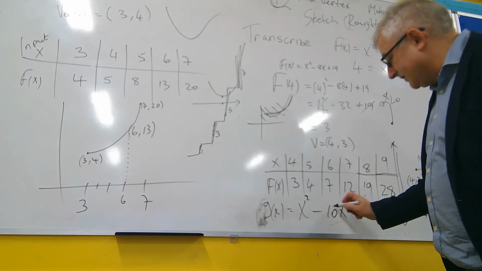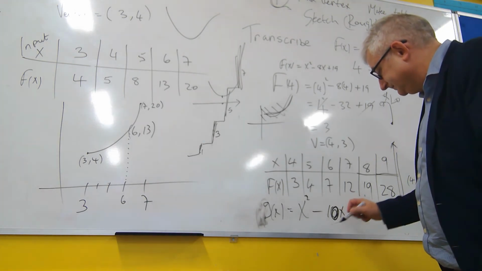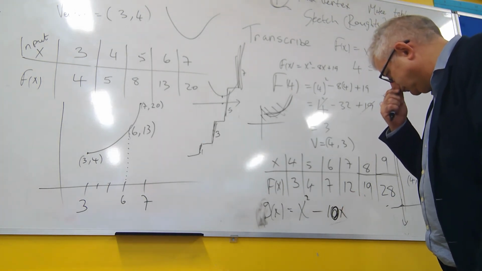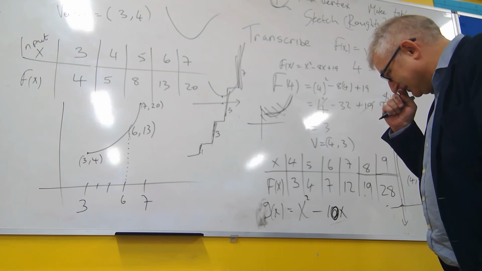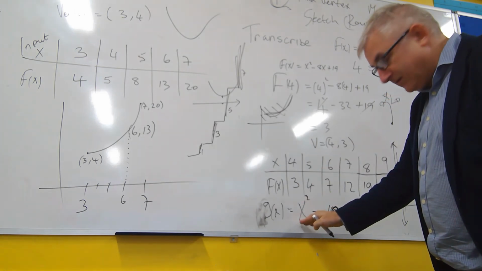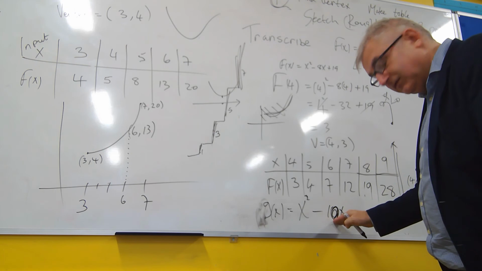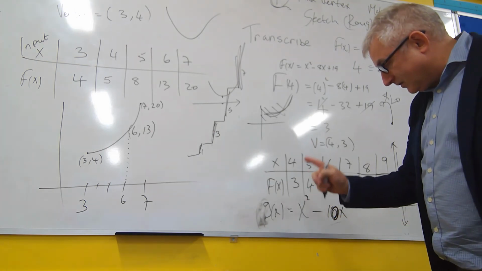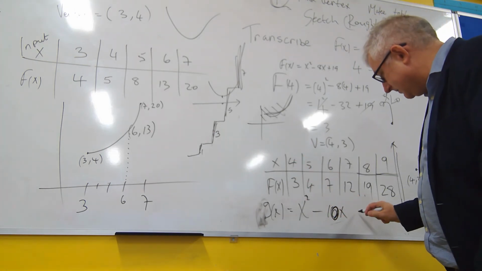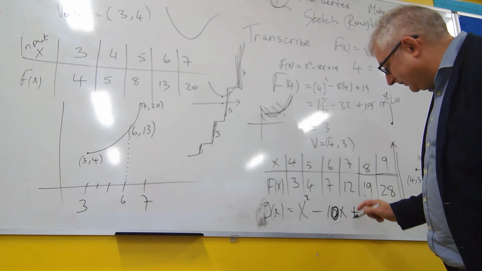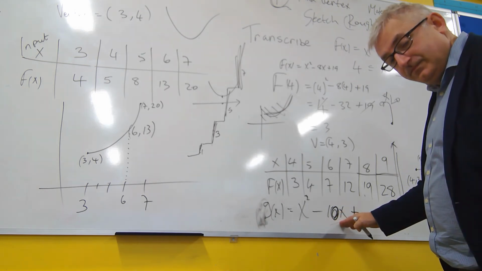Now I know that 5 5s is 25. You see this, 5 5s is 25. If I put 5 there, I get 25, and then I get minus 50. So this is a very quick way of knowing how big this number needs to be in order to stop this being negative.